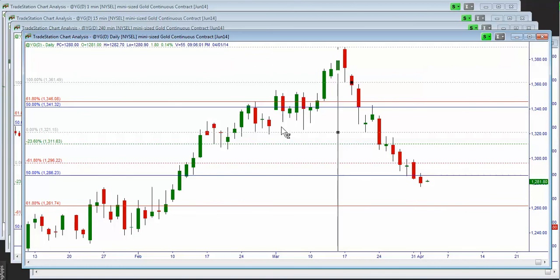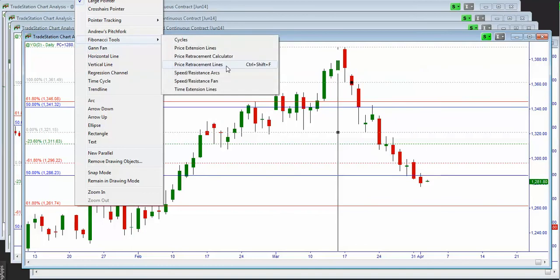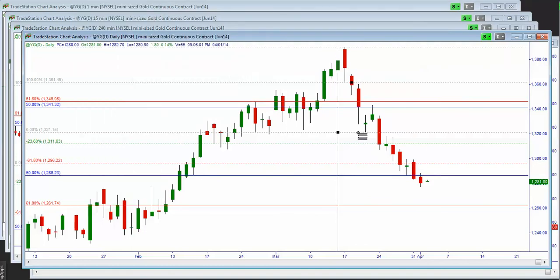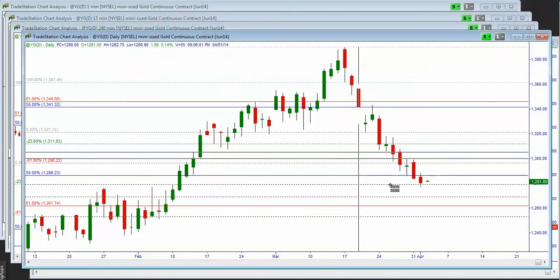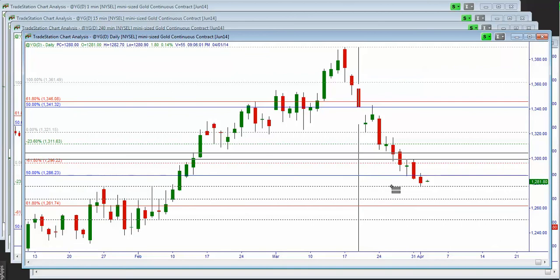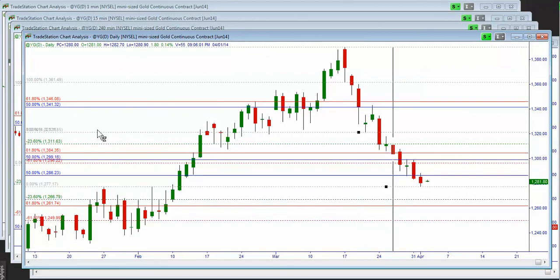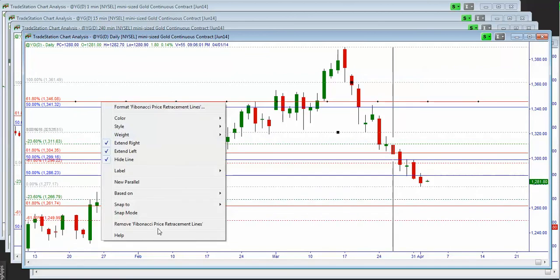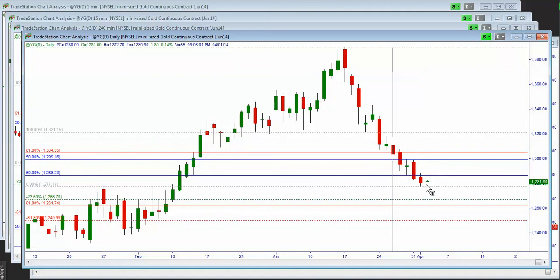This was the second target, and after we touched the second target, we knew that the next level and area of resistance in the sequence would come around this 12.99, and price did not test that level just yet. So as we can see, we are in this area of support starting at 12.86.